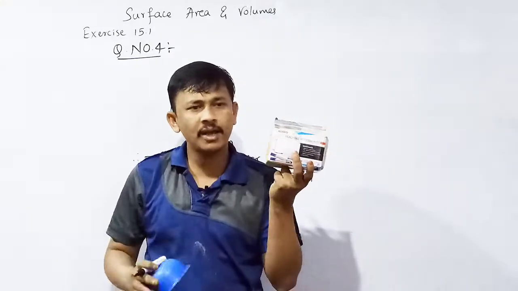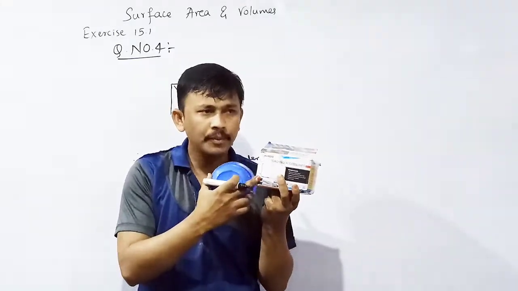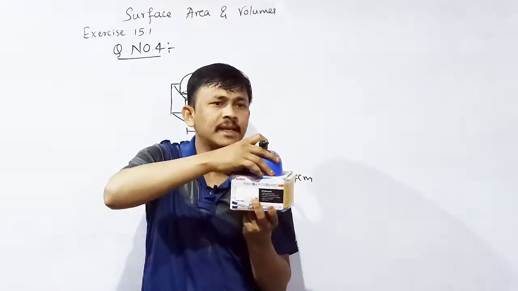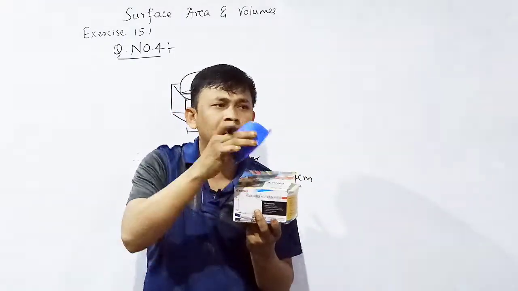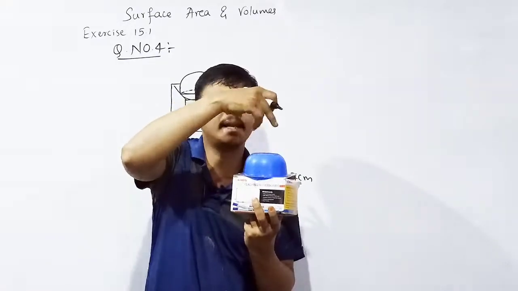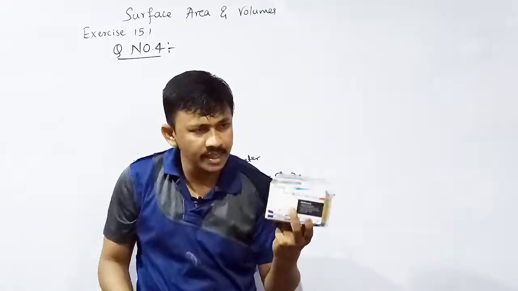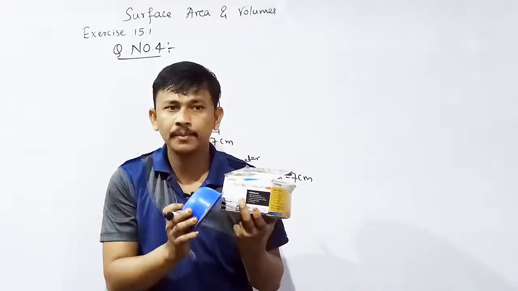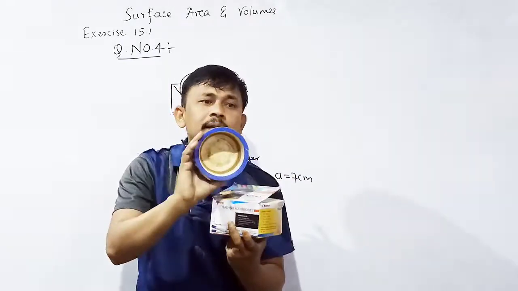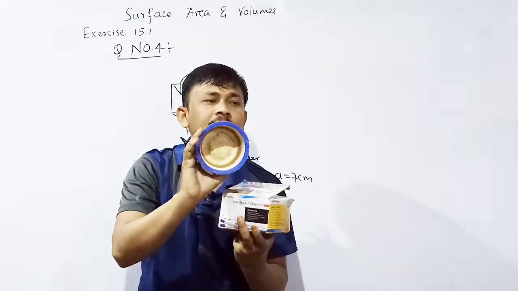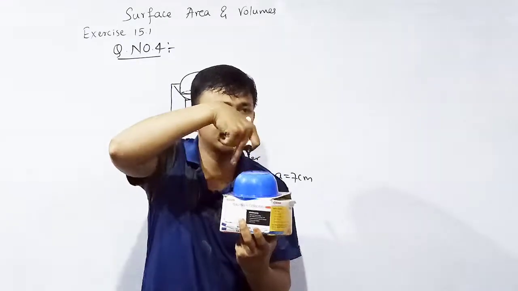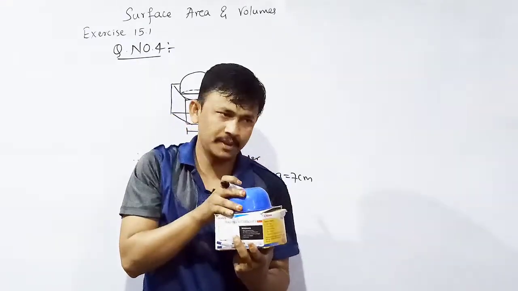Total surface area of cube minus area of circle plus CSA of hemisphere. Okay, total surface area of cube minus area of circle plus CSA of hemisphere.